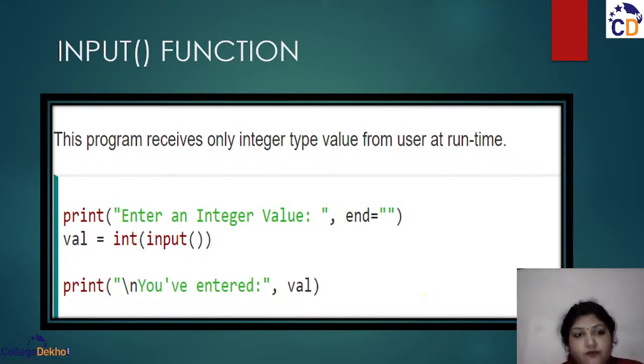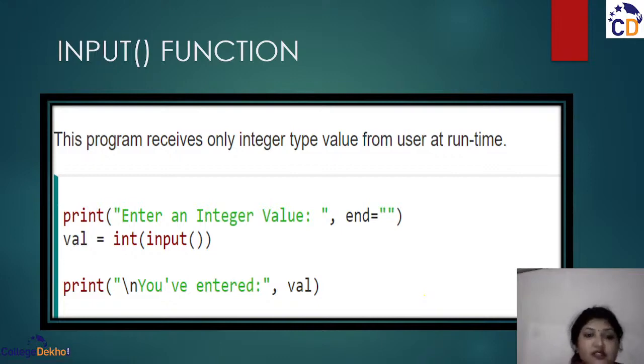Now we need to convert this string data type into an integer. So we need to type in front of that particular input function whatever type we want. If it is a float, then you need to write float. If it is an int, then you need to write int. So this is how you are going to write it, right?